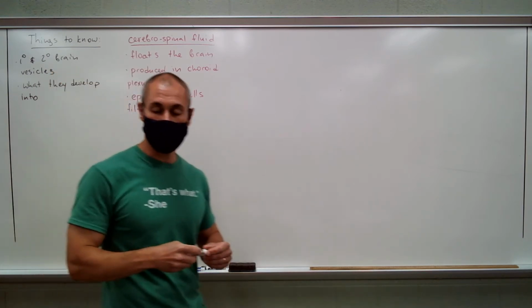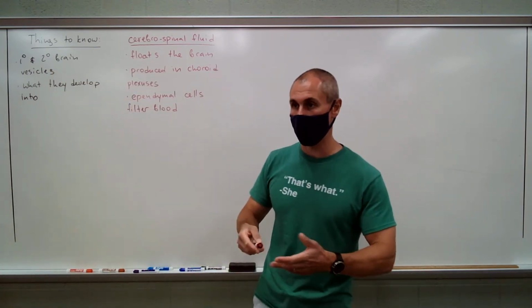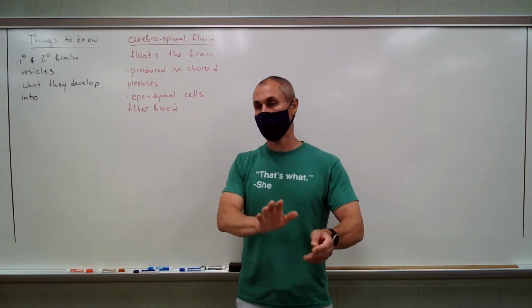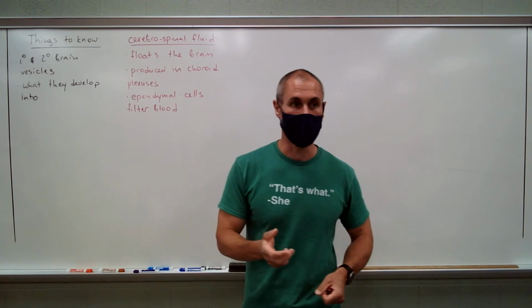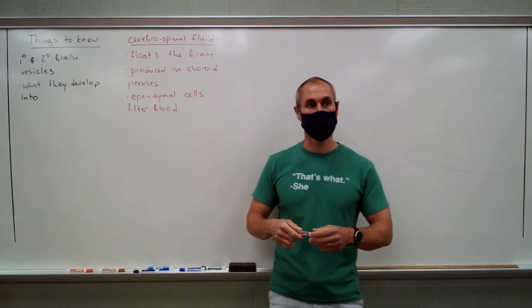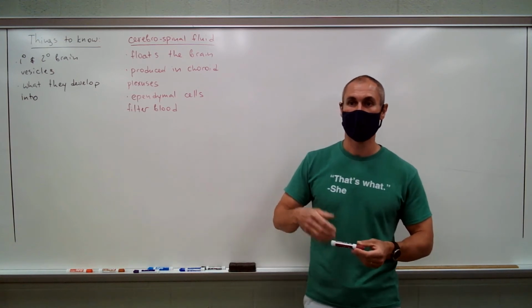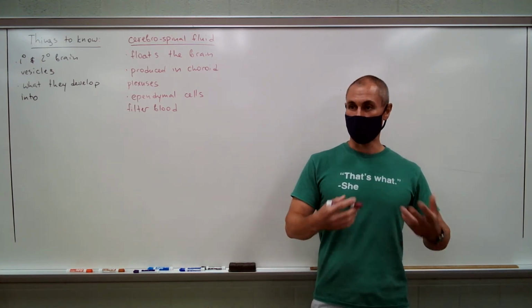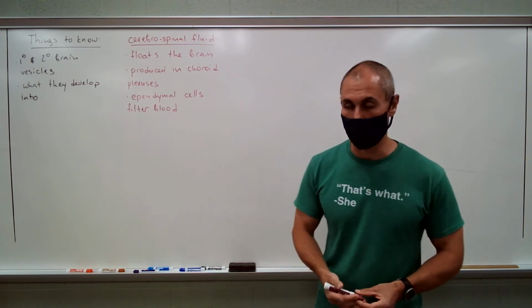Essentially, ependymal cells allow fluid, plasma basically, through. They filter out and leave behind cells and large proteins, but smaller molecules like glucose and amino acids can get into the cerebrospinal fluid and provide some nutritional support to the brain.